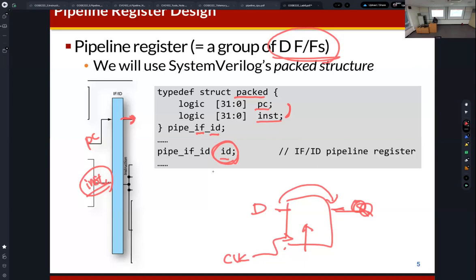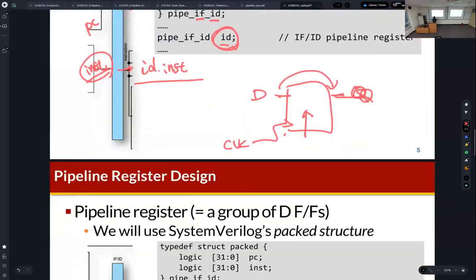This is ID.PC, which means the program counter value in the ID stage, right? And this is ID.inst, the instruction. Okay, we can define the signals of this pipeline register like this.